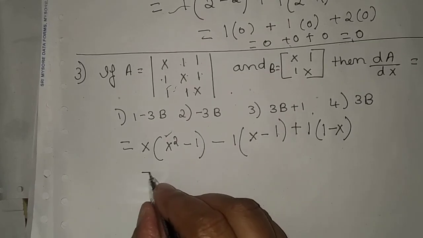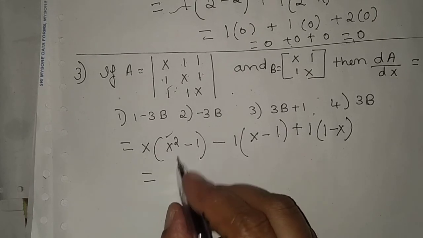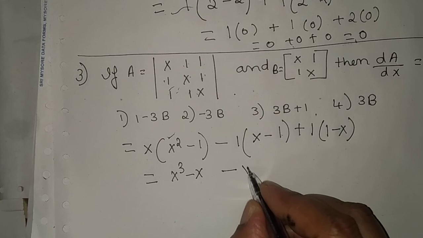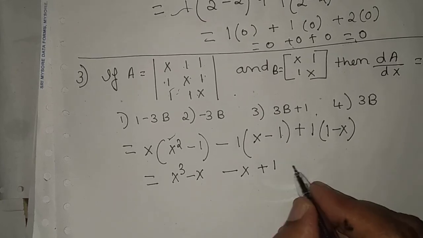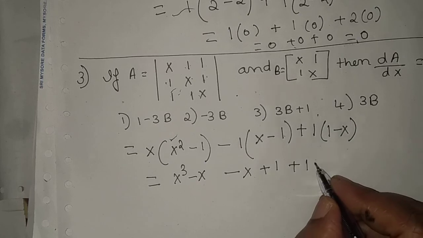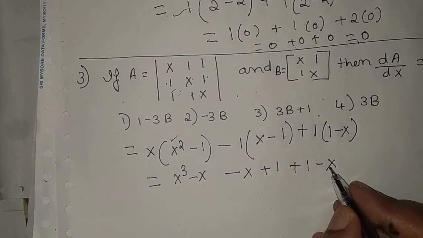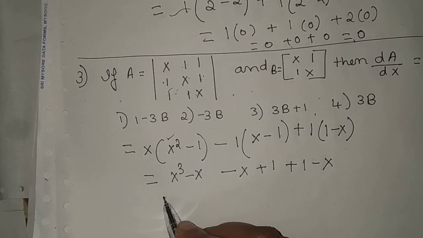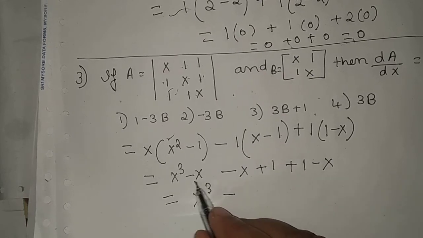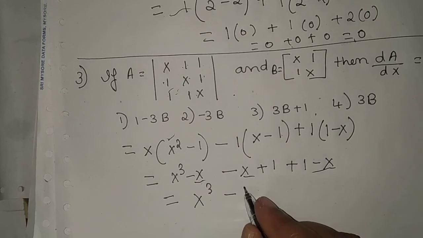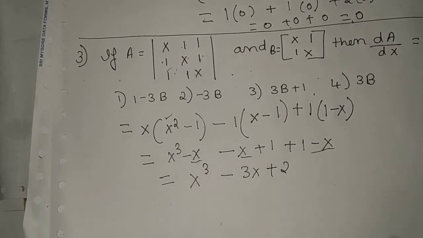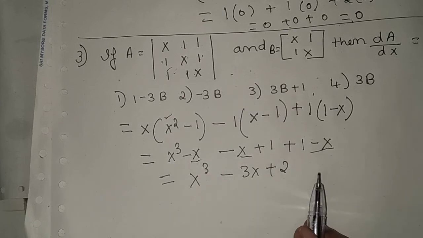Therefore we'll get, simplify this, we'll get x cube minus x minus of x plus 1 plus 1, then minus 6. Now we'll simplify, means we'll get x cube minus 3x plus 2. So this is the expression we are getting by simplifying this.